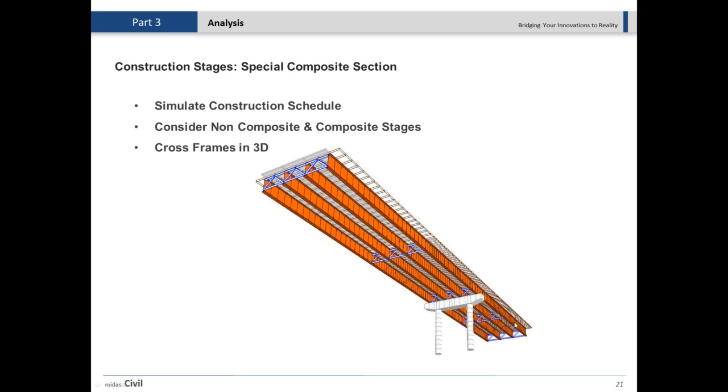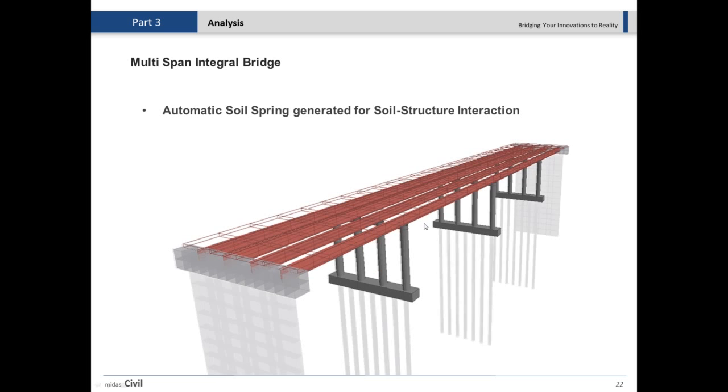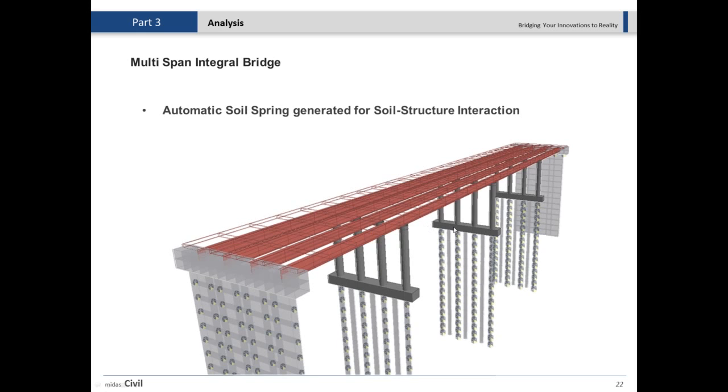It will be a construction in 3 parts. Here we model the girder itself, we model the cross frames, and also the composite deck with the concrete itself.